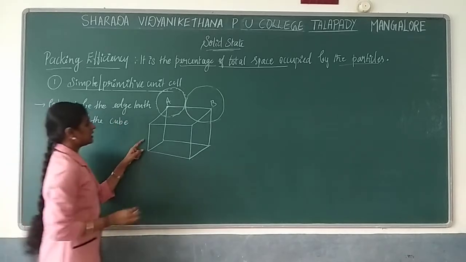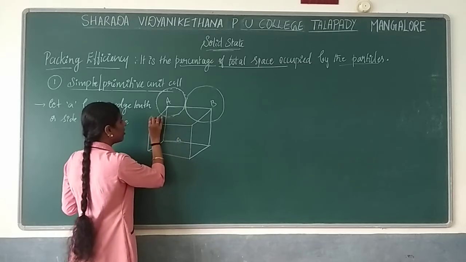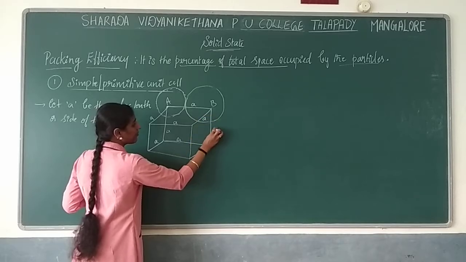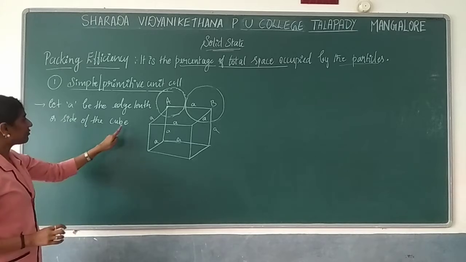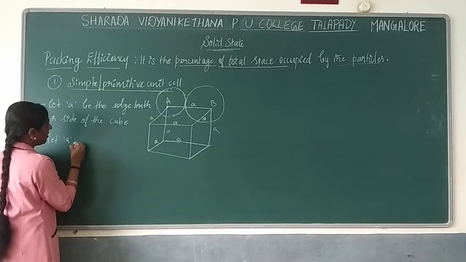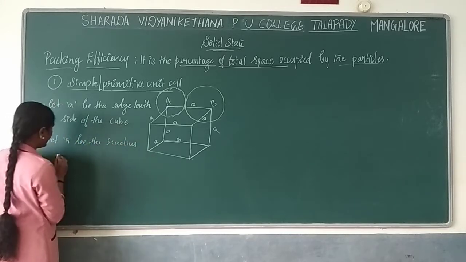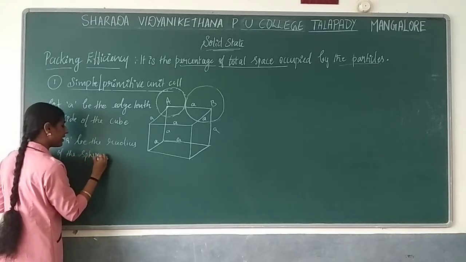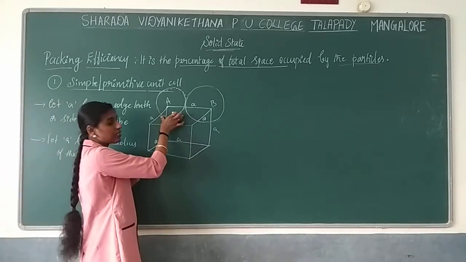In the sense, we'll consider all the edge lengths as A. So let A be the edge length or side of the cube. Let R be the radius of the sphere, or you can say particle also. So let R be the radius of the sphere, in the sense your particle.